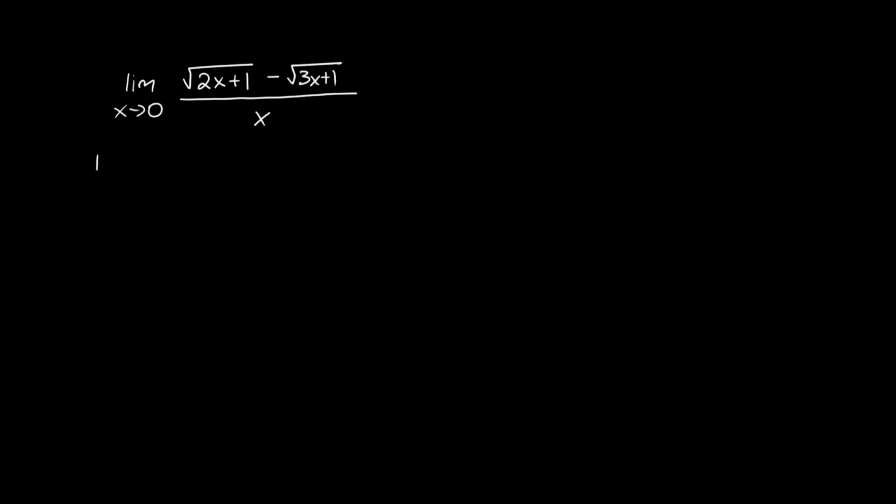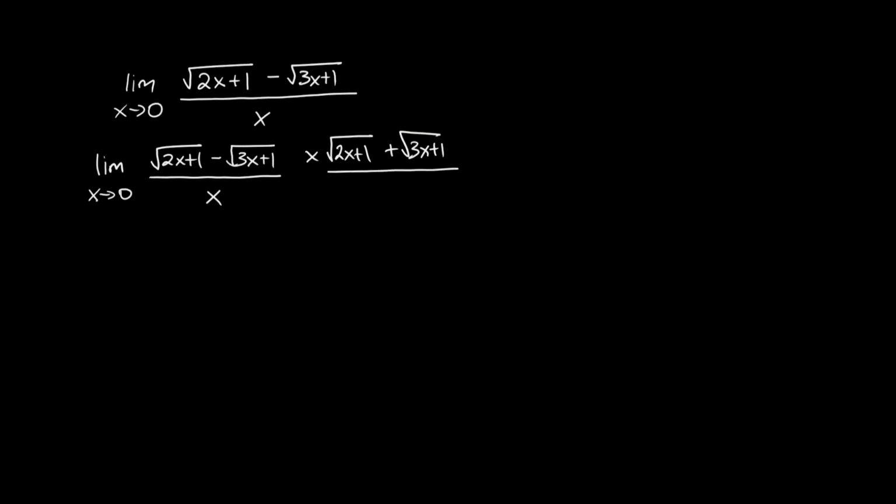Now, as we did before, we will rationalize our radicals. So this will be the limit as x approaches 0 of the root of 2x plus 1 minus the root of 3x plus 1, divided by x, multiplied by the square root of 2x plus 1 plus the square root of 3x plus 1, divided by the square root of 2x plus 1 plus the square root of 3x plus 1.